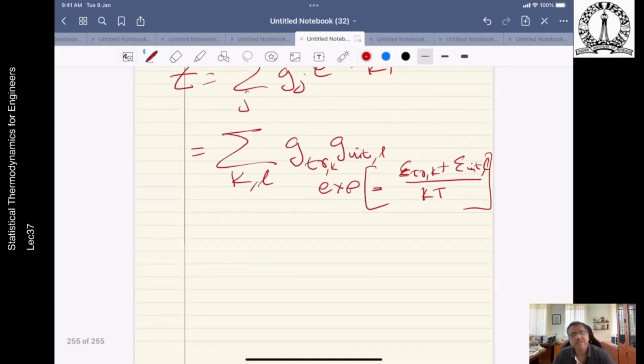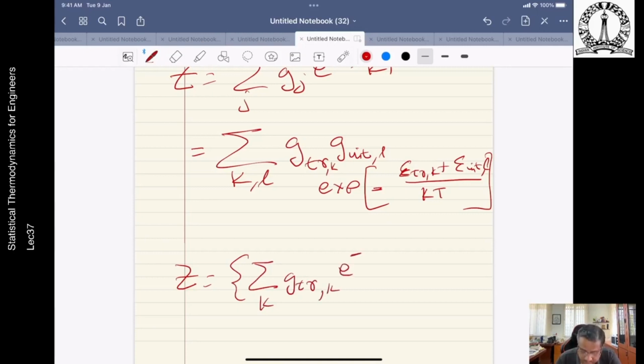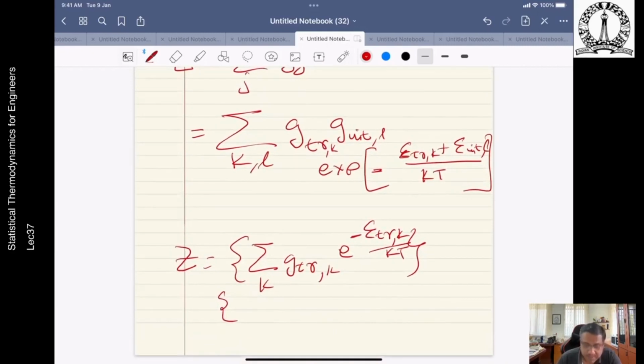So now Z can be written as the summation over k of g_TR,k e to the power of minus E_TR,k by kT, multiplied by the summation over l of g_internal,l e to the power of minus E_internal,l by kT.